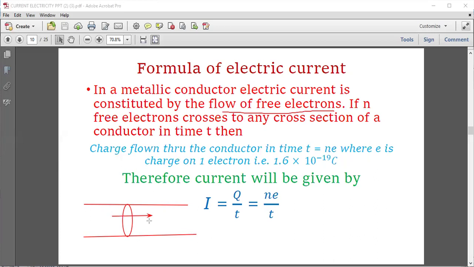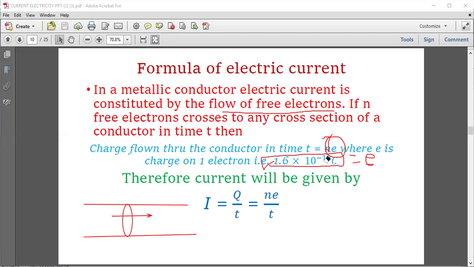So how much charge will flow? As we know, charge on one electron is 1.6 into 10 की power minus 19 coulomb, and this we denote by small e. So एक इलेक्ट्रॉन पर इतना चार्ज, तो n इलेक्ट्रॉन्स पर कितना चार्ज? n इलेक्ट्रॉन्स पर चार्ज हो जाएगा n into e.